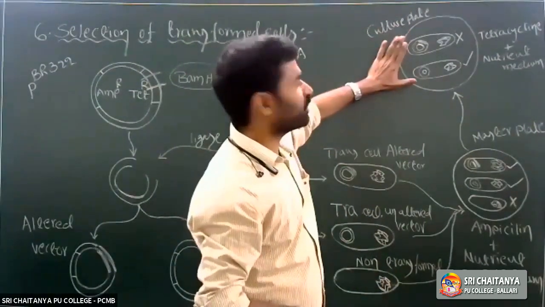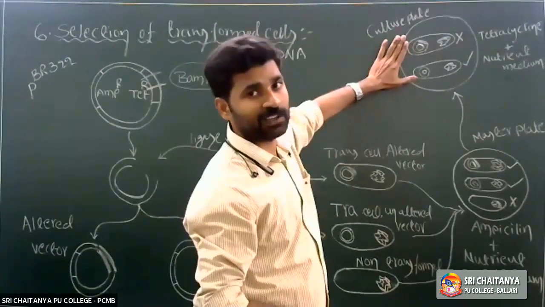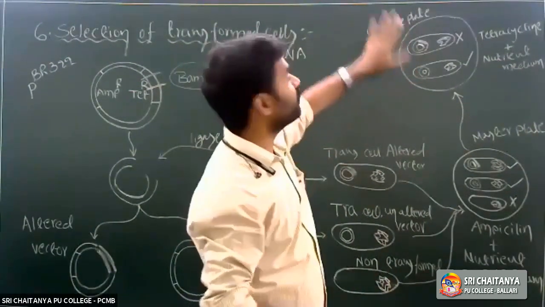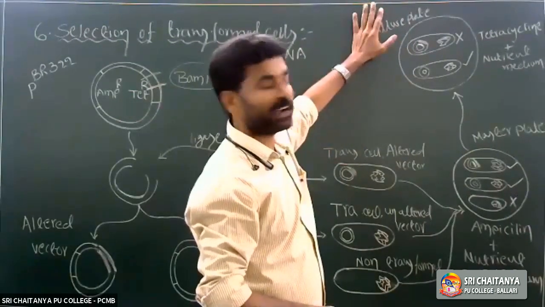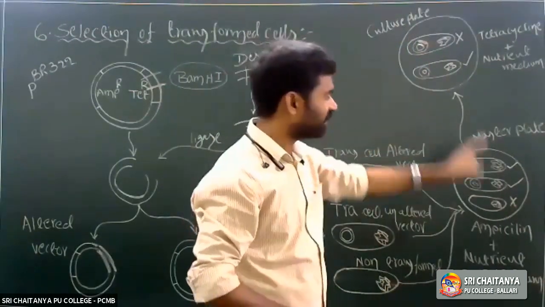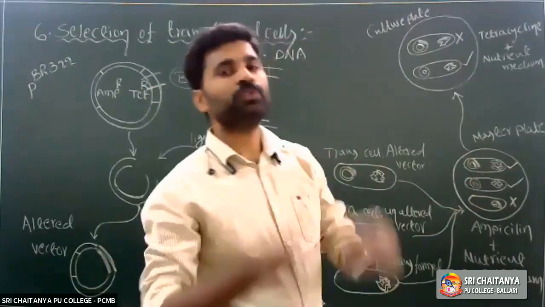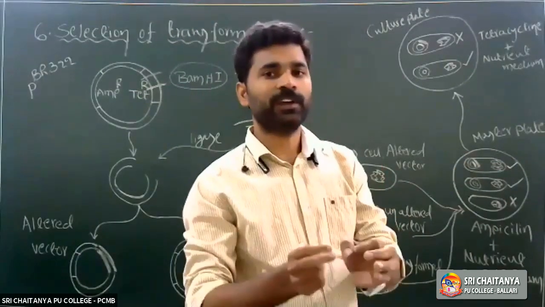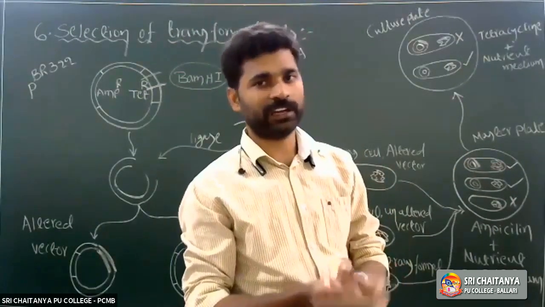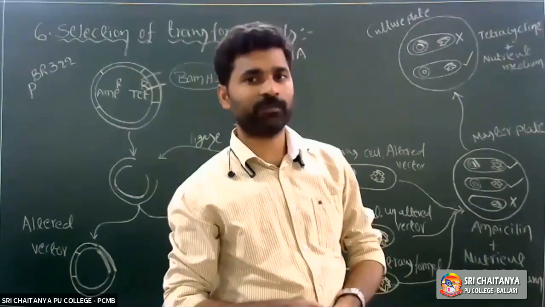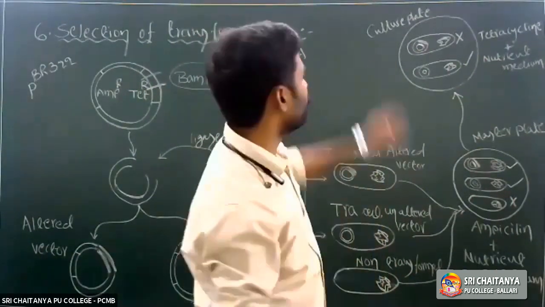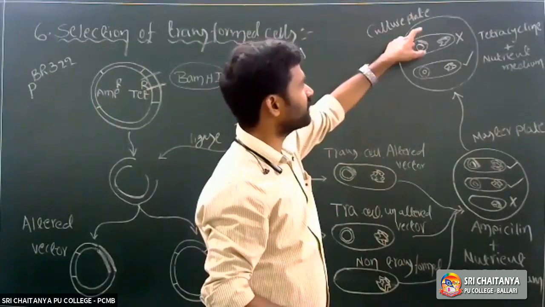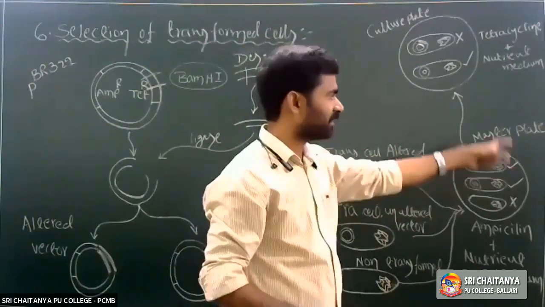See, the bacterial cells which cannot survive in the culture plate and which can survive in the master plate, those bacterial cells only we require. But how will we identify, sir? Which bacteria leads to death in the culture plate, and which bacterial cells can survive in the master plate?